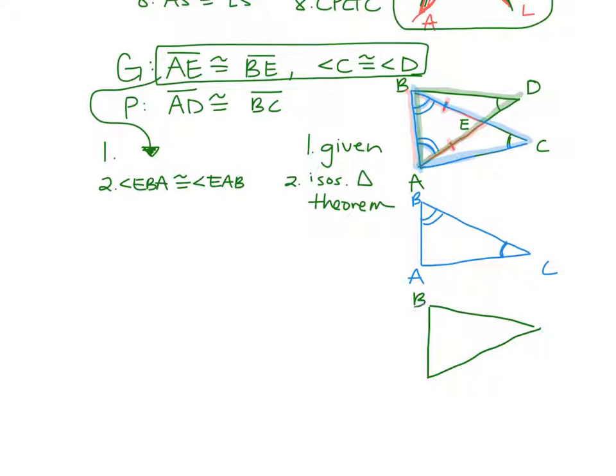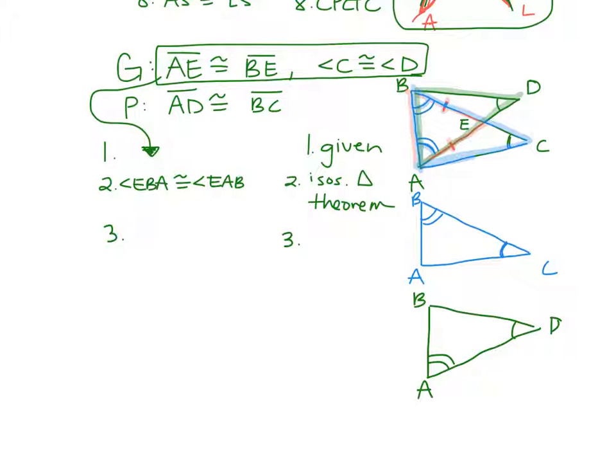So here's B, here's A, and here's D. And in that triangle, we have this angle double marked, we have this one single marked. Is there anything else you know to be congruent in those two triangles? We know halves of things. You know more than that. There's something that you know is congruent.